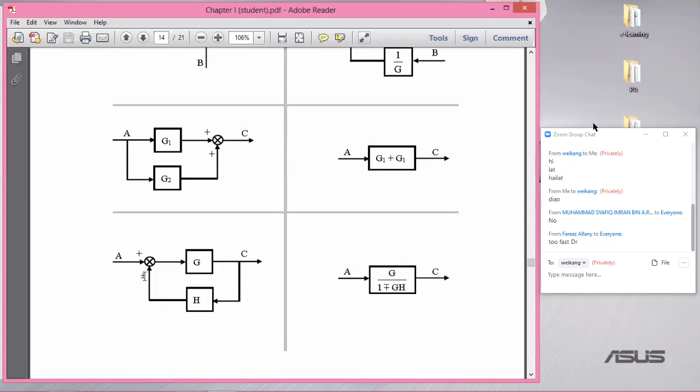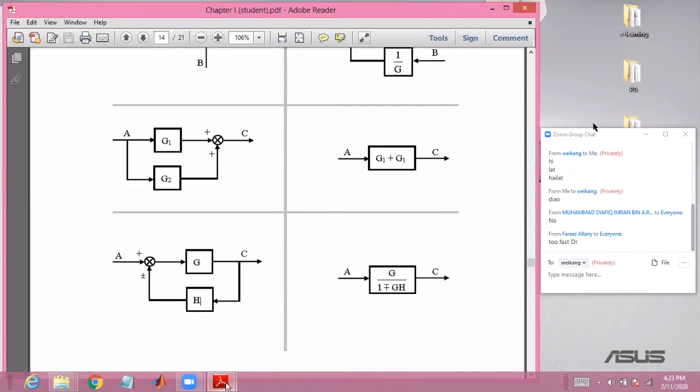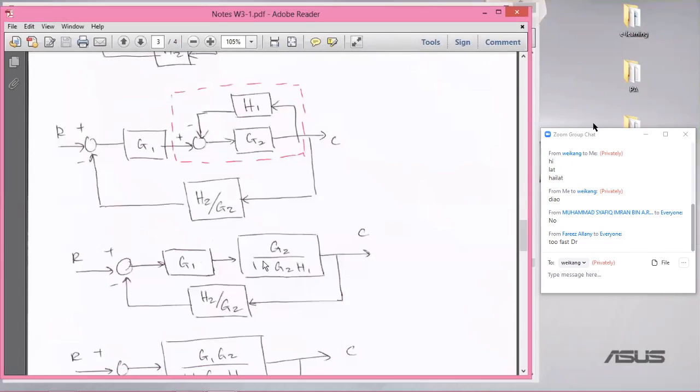See, this is plus and minus, here minus and plus. So normally we have negative feedback, and therefore here we have a plus sign. Okay? Right? Now you can replace that with G2 divided by 1 plus G2 over H1. This is the last element in the table.